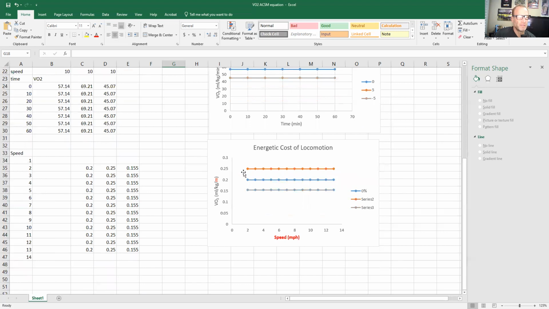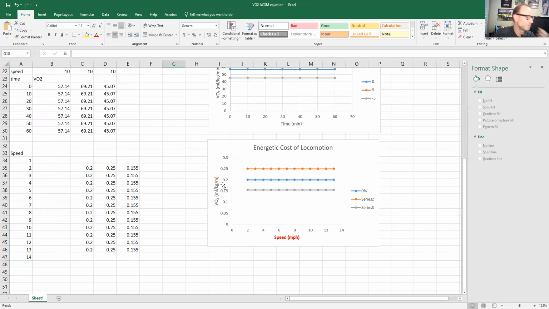This is telling me, if I'm running at 10 miles per hour at 5% grade, the volume of oxygen consumed, which is 0.25 milliliters per kilogram for every meter. Totally different concept.